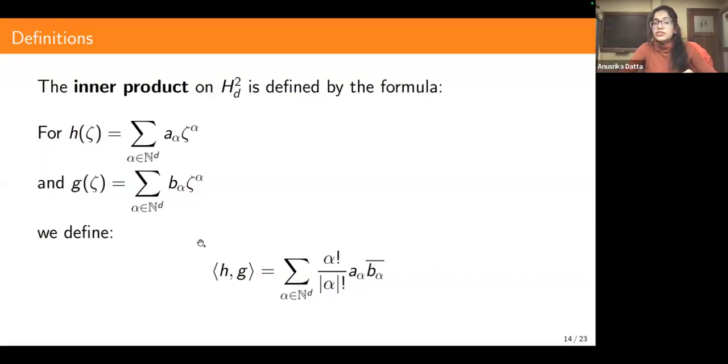So this is the definition of the inner product on the Drury-Arveson space.